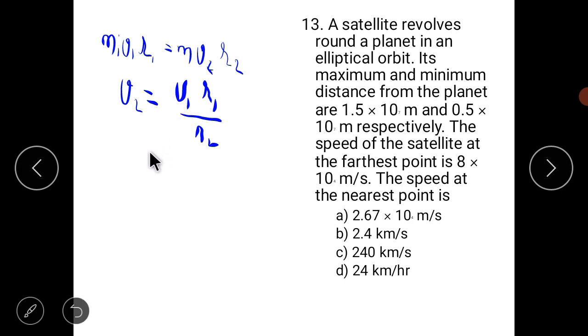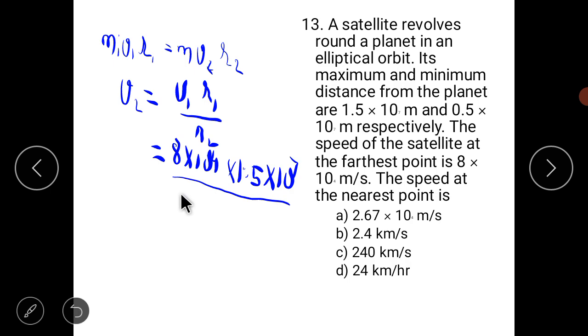Now by substituting the values, v1 as 8 into 10 to the power 4, into 1.5 into 10 to the power 7, divided by 0.5 into 10 to the power 7.